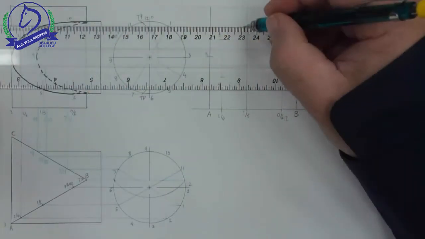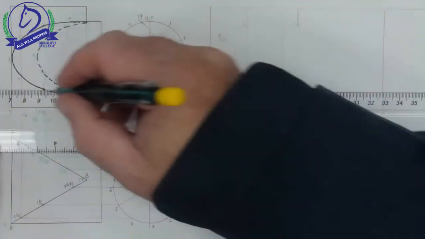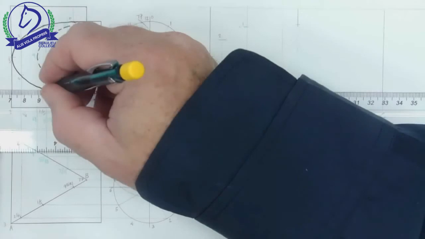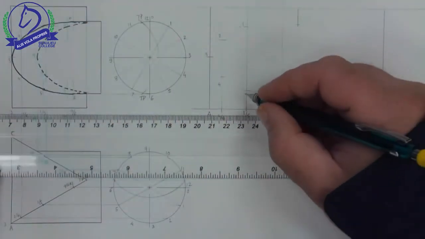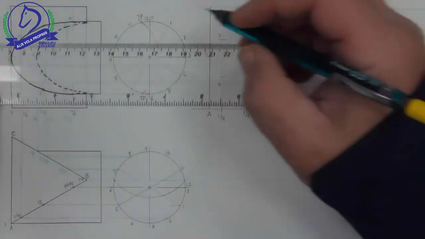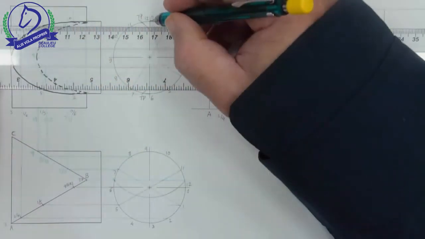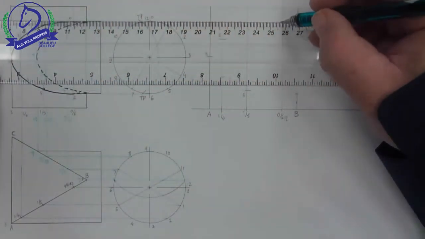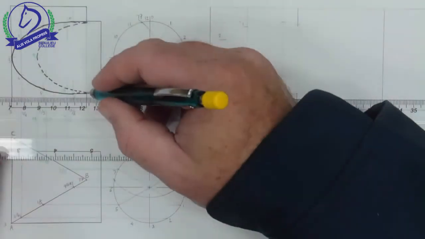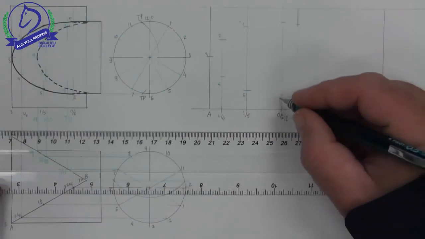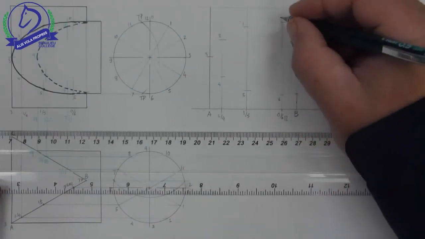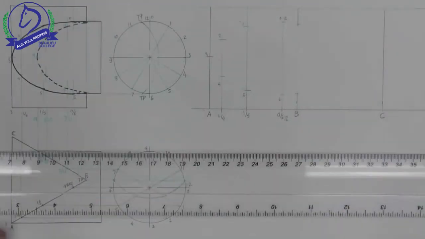So there's point 1. Here is point 5. Projecting the height across to the vertical line. Next is my highest point. That is our highest point. This is our lowest point. So there's 6, 0 and 12.